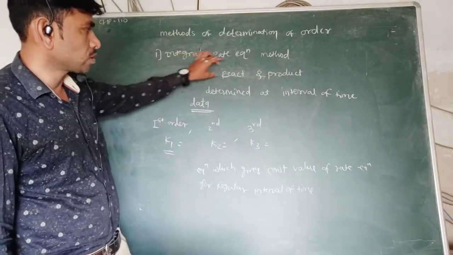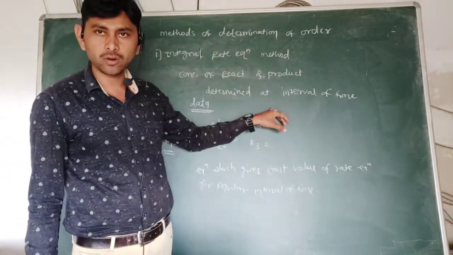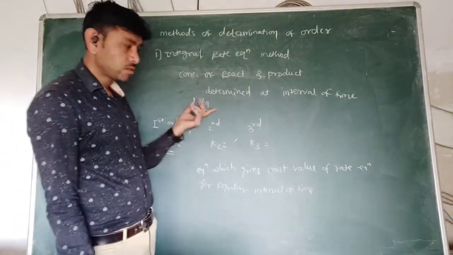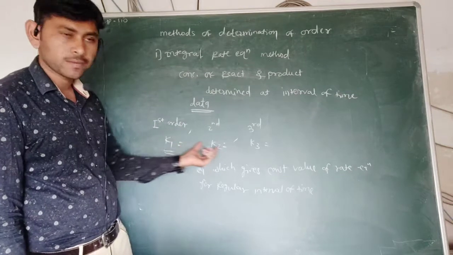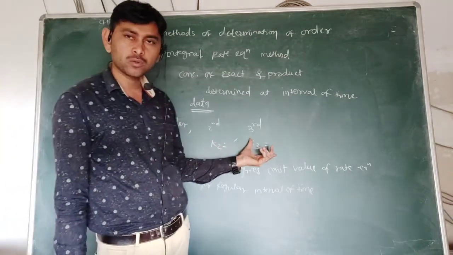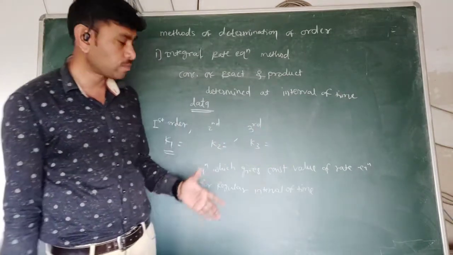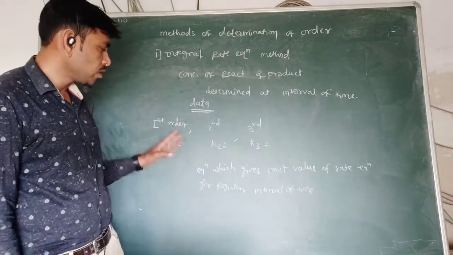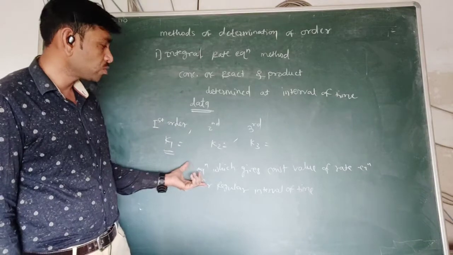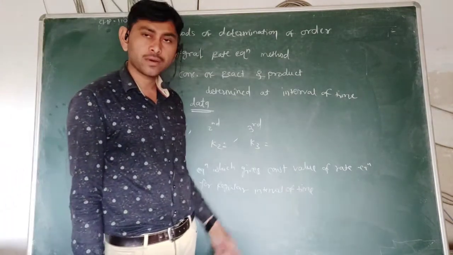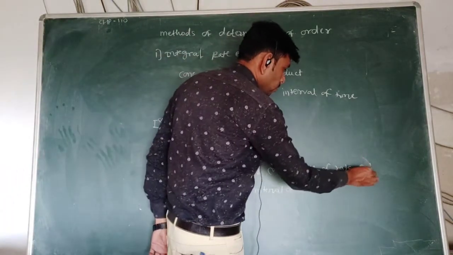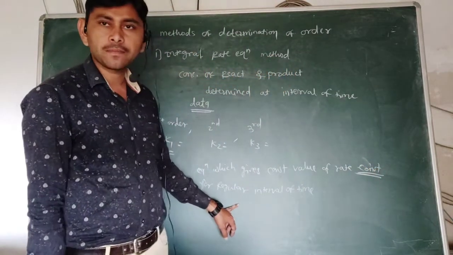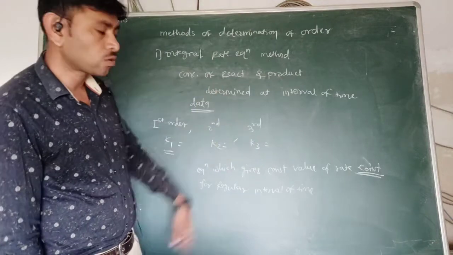First determine the concentration of reactant and product at regular intervals of time, and feed the data obtained into the equations for determining K1, K2, K3 at regular intervals of time. Of these three, the equation which gives a constant value of rate constant for regular intervals of time determines the correct order of reaction.